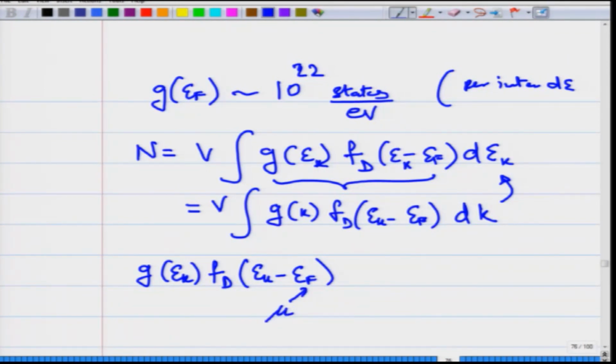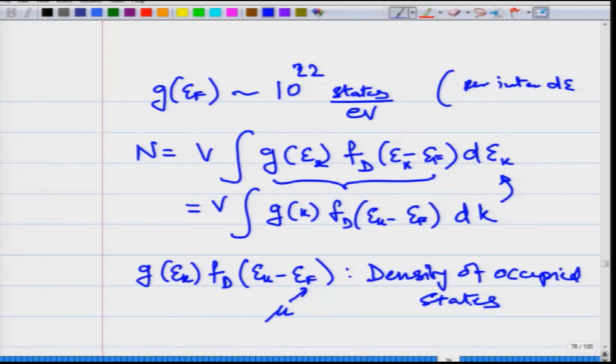So, G(k), the density of states, into the Fermi Dirac distribution, and this is the density of occupied states, because this factor f_FD gives the probability of occupying a given state.